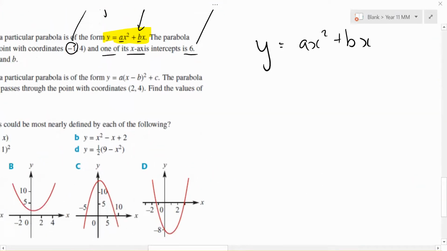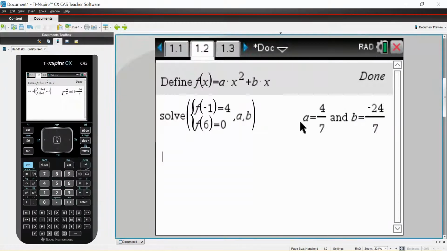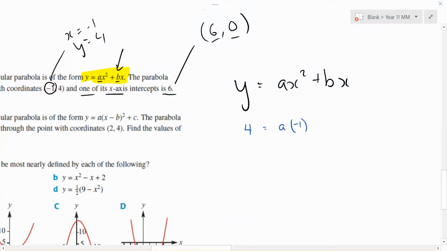Okay. So according to this equation, if I sub negative 1 in, I should get 4. I'm going to follow the same thing, but do it by hand this time. So y is 4 when I sub in negative 1: a times negative 1 squared plus b times negative 1. This gives me a, because negative 1 squared is 1, minus b is equal to 4.